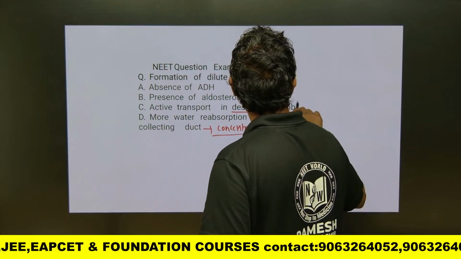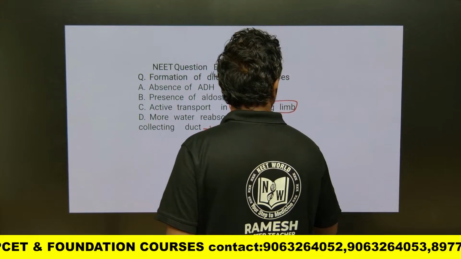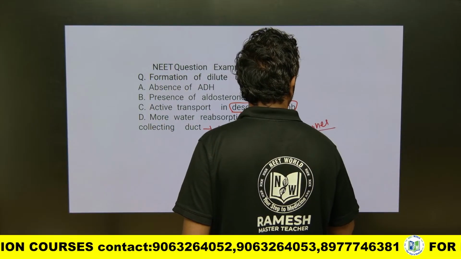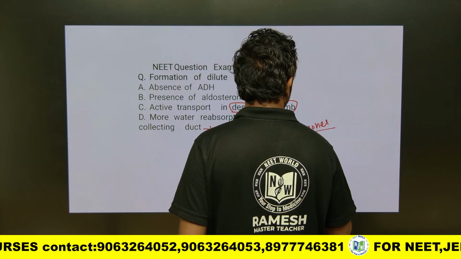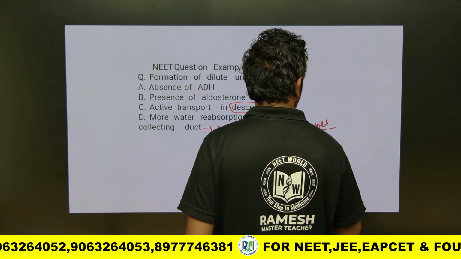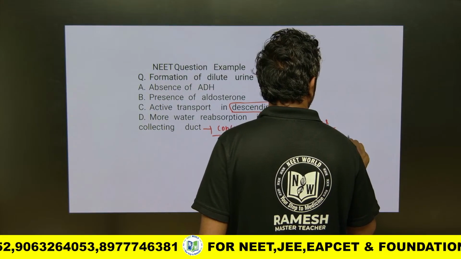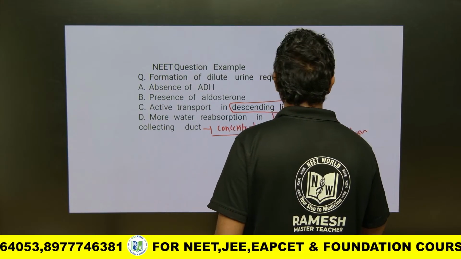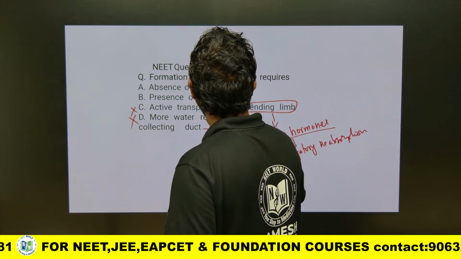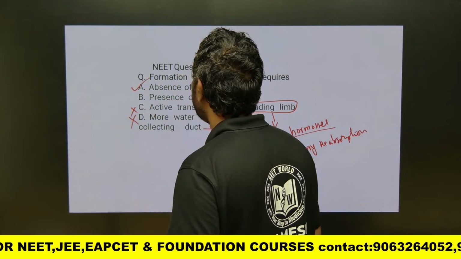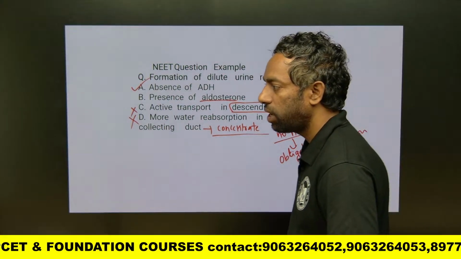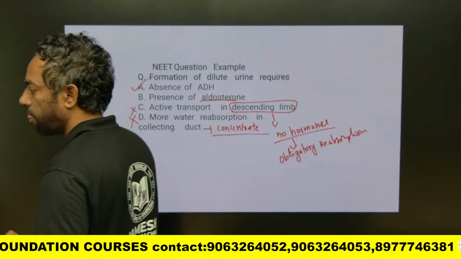Active descending Henle loop, no hormones involved here, it is obligatory reabsorption. So presence of aldosterone was wrong. If ADH is absent, dilute urine is produced. I hope you guys understand this.